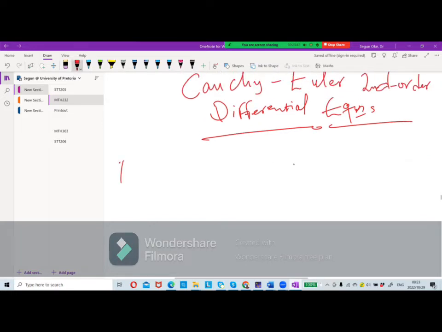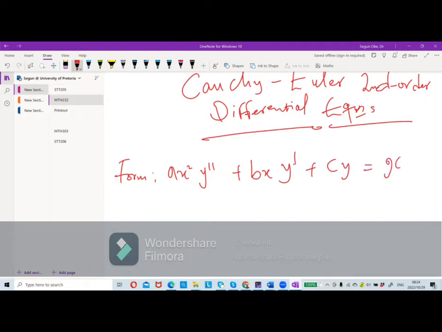So in this form, how does it look? The form is ax squared y prime prime plus bx y prime plus cy equals g of x. When you have this, at what point do we say it's homogeneous, and at what point do we say it's not homogeneous?